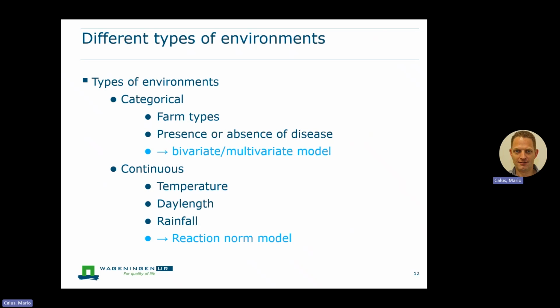If it's categorical, we typically would try to model G/E by bivariate if there's 2 environments, or a multivariate model to estimate the genetic correlations between all those pairwise combinations of different discrete environments. And if it's continuous, then probably the reaction norm model is the better model, because that can really take into consideration the continuity of your environmental descriptor.